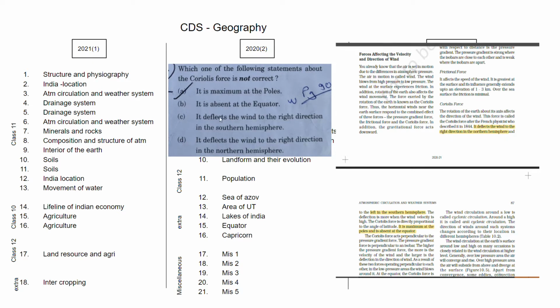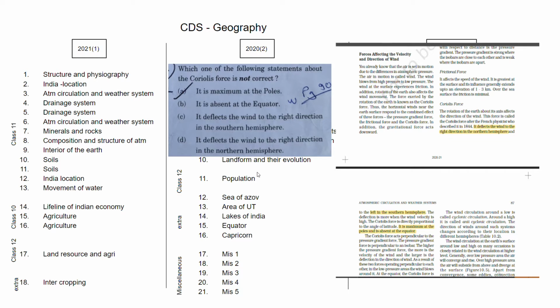Okay, it deflects the wind to the right direction in the southern hemisphere. So the wrong statement is C1. Now look at the other statement, and left in the southern hemisphere. Okay, so this statement was right, this was wrong. It is maximum at poles and is absent at equator. Now statements 1 and 2, A and B, are correct.